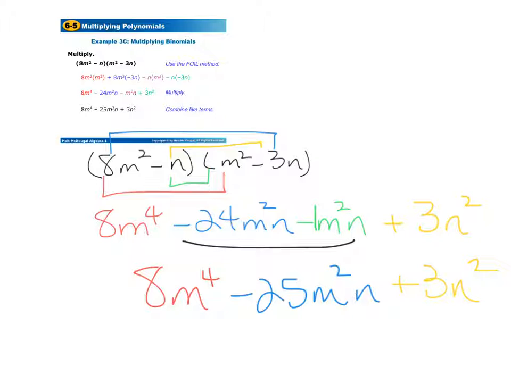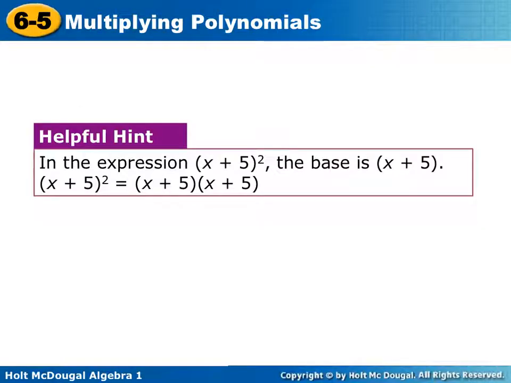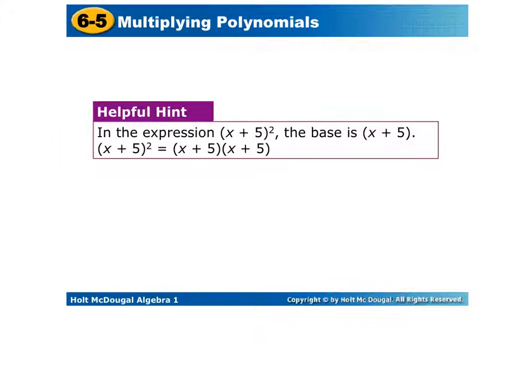So generally, it's going to be a trinomial as your answer. So again, when you have a binomial raised to the second power, just rewrite it 2 times and either distribute it or FOIL it.